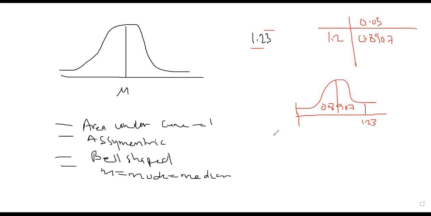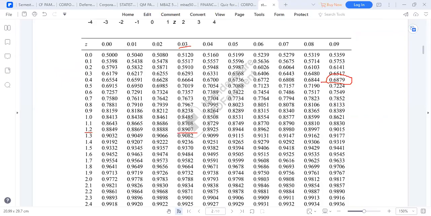Let's try another one, 1.96. Who can help me read the reading for 1.96? 1.96 is going to be 0.975.